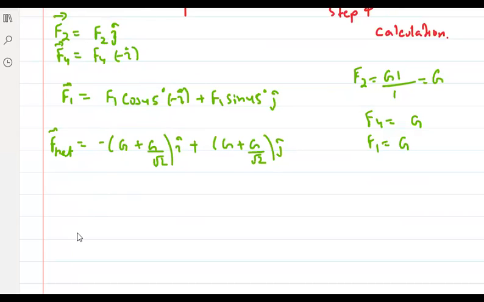So the answer is simple: G plus G by root 2, taking it as common, into minus I cap plus J cap, right? Tell me yes or no. Step by step, guys. Yes or no?